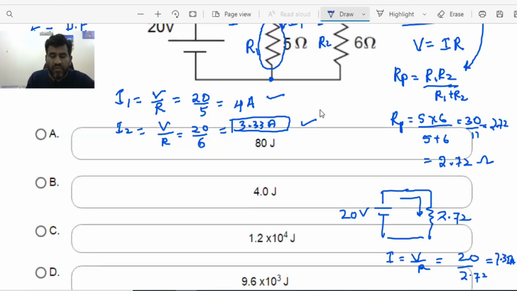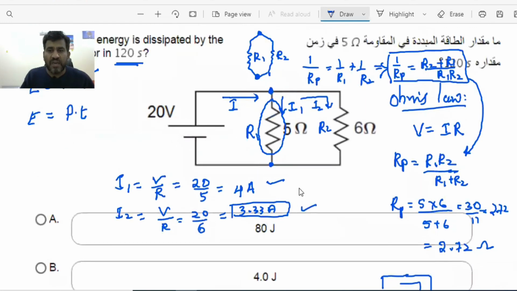We get a slight difference because we haven't considered all the digits, which are repeating and repeating. So that's why there's a slight error, but you can do it either way. For solving this question, the second part which I have explained here is not necessary.